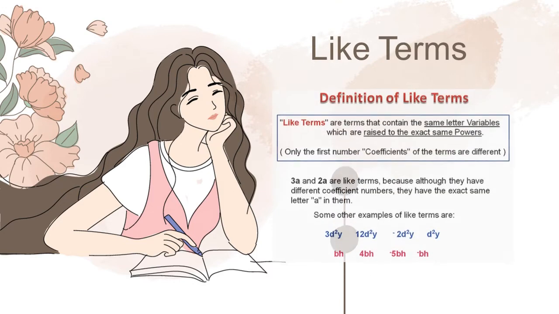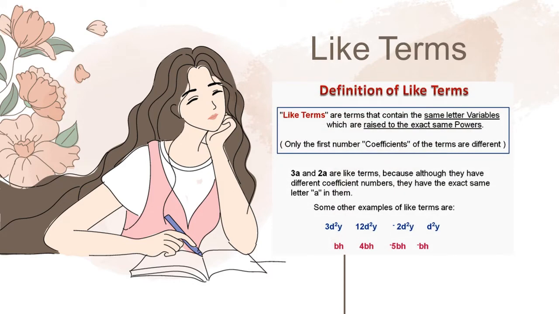Like terms. Like terms are the terms that contain the same letter variables which are raised to the exact same powers. So only the first number, or the coefficients of the terms, are different. For example, like terms are 3a and 2a, because although they have different coefficient numbers, they have the exact same letter a in them.